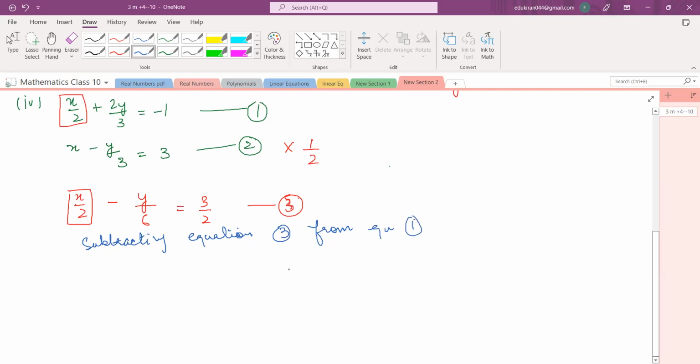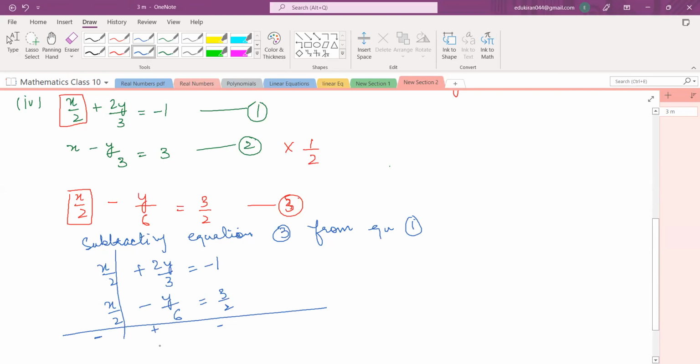So x by 2 plus 2y by 3 is equal to minus 1, and then I'll write my third equation here. So x by 2 minus y by 6 is equal to 3 by 2. Now, since I'm subtracting, all the signs will change, right? So this term will become negative, this one will become positive, this one negative. So this will be gone, right?